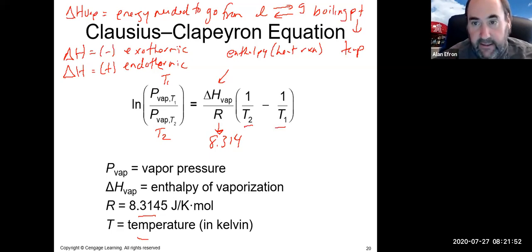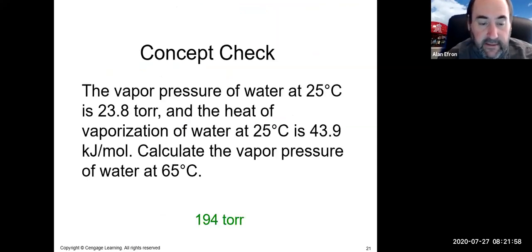So let's take a look at how we will calculate something like this. The vapor pressure of water at 25 degrees is 23.8 torr. The heat of vaporization, the delta H of vaporization, is 43.9 kilojoules.